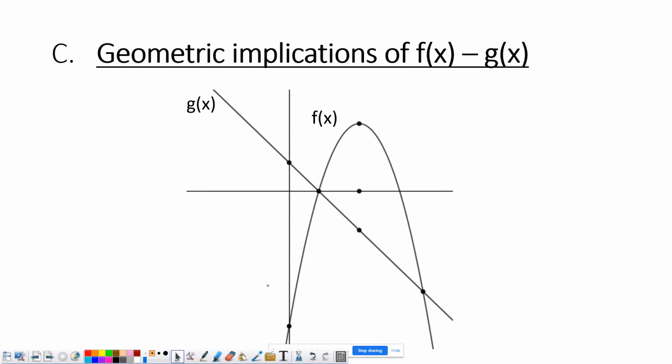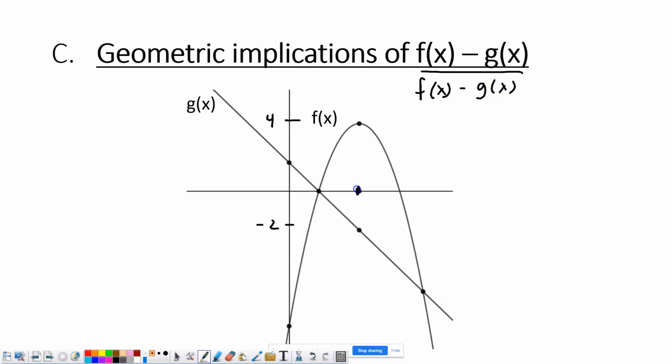This is just a little thing I threw in there to talk about. There is a meaning when you have two functions, f of x and g of x, and you subtract them. What does that mean? So for instance, let's say that this was like 4 and this was like -2. What does it mean to say f of x minus g of x? Well, let's put an x value here.